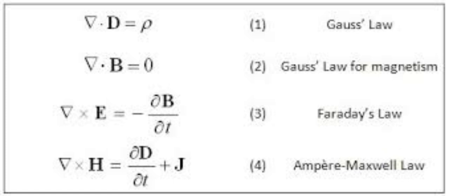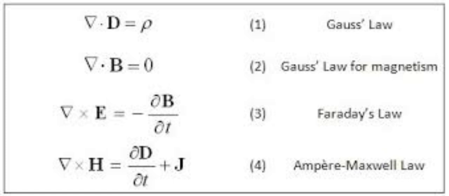So this crucial addition to Ampere's law, known as Maxwell's addition, is the final piece of the puzzle. It completes the picture by showing that not only currents but also changing electric fields can create magnetic fields. So that's it for the fourth equation.